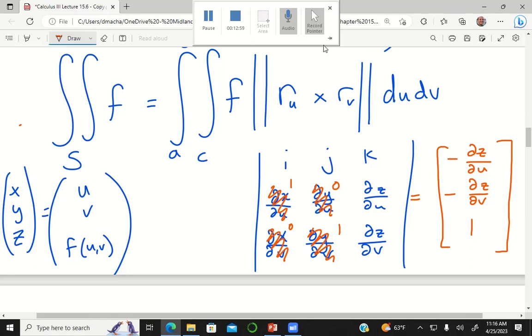So that is the cross product if you are starting off with an explicitly defined surface.